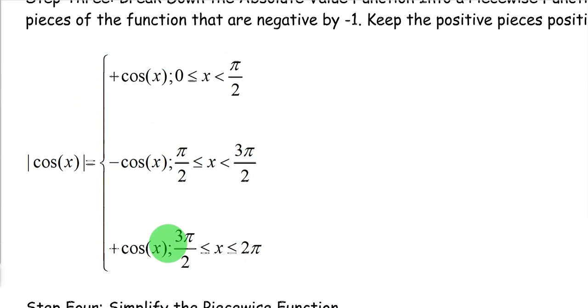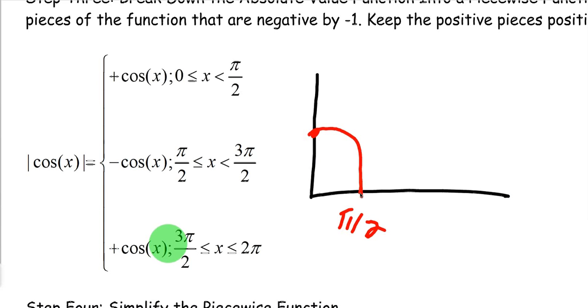Now I do want to show you what this would look like again, so I'm going to draw it one more time, because it can get confusing. So basically, from 0 to pi over 2, it's going to be this hump. Now, because it would normally go down right here from pi over 2 to 3 pi over 2, we're going to take that same hump, I'm going to have to erase this first hump because it's not drawn very well.